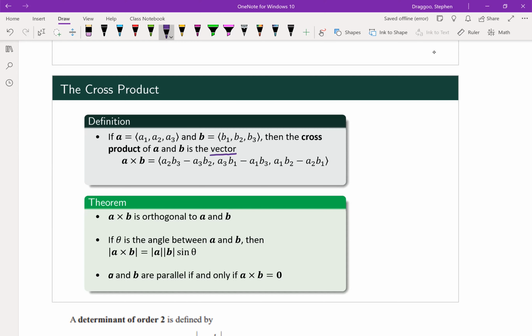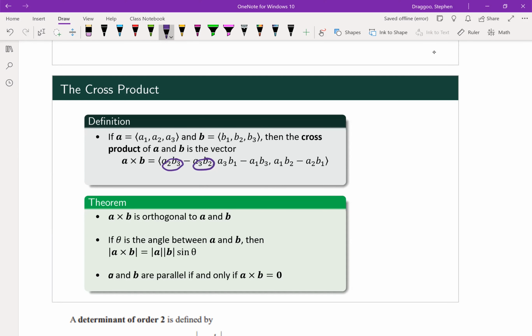The one thing that I do want to point out is that the numbered components of each of the parts of this cross product. If we look at the part of the cross product that's in the first position, we should notice that it depends only on letters 2 and 3 in position 1.